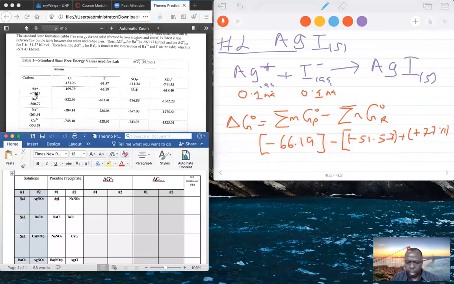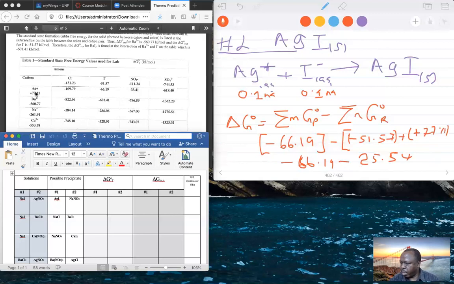So let me see the product side. It is 77.11 minus 51.57, and I see 25.54. That's everything in parentheses on the reactant side. So this will be negative 66.19 minus, here this is minus 25.54.